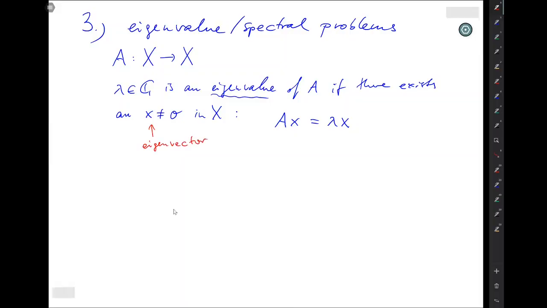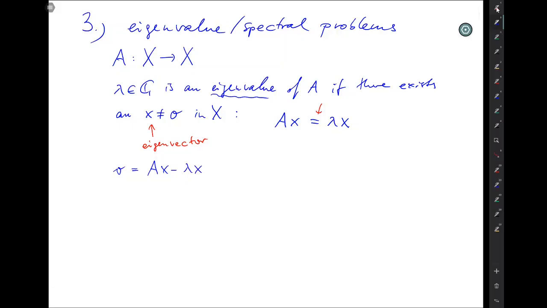Why is x equal to 0 excluded? Well, x equal to 0 will always be subject to that equation here, no matter what lambda, so this is clearly not interesting. Do you remember how you computed eigenvalues and eigenvectors in linear algebra 2? Well, you took this equation Ax equals lambda x, and then you rewrote this as 0 equals Ax minus lambda x.